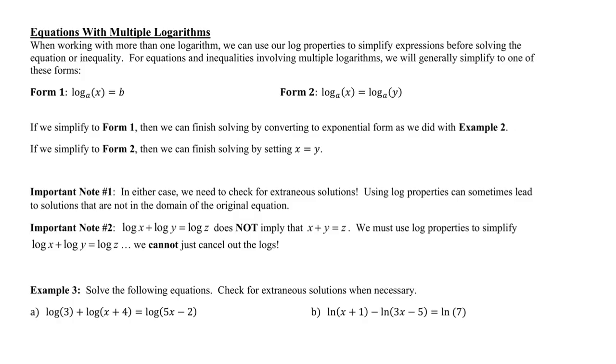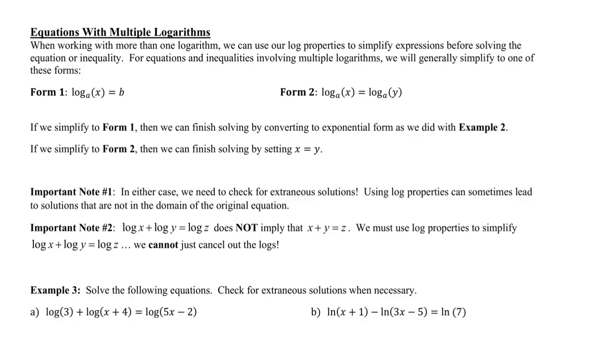So if you have a whole bunch of terms and at least one of them doesn't have a log, you're going to do form 1, right? You're going to get it to where we get one logarithm on the left and a number on the right. If all of your terms have a logarithm, then you're going to set it up in form 2. You're going to condense all the logs on the left, you're going to condense all the logs on the right, and it's going to look like form 2.